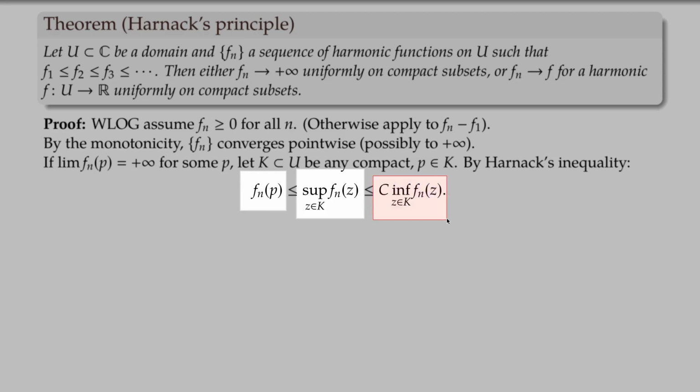And now Harnack says that this is less than or equal to C, and this C only depends on K, times the infimum of the f_n's over K.